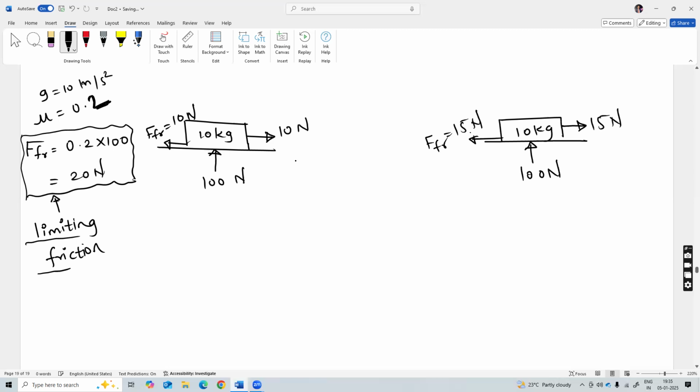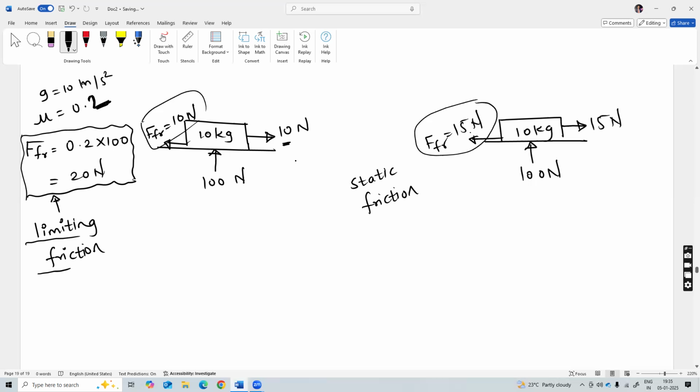This value of frictional force, in one case 10 Newton, in this case 15 Newton, is known as static friction. Because the object is not moving, still there is frictional force on the object because of the applied force. Since you have applied this 10 Newton force, there is friction of 10 Newton, but the object is not moving, and therefore it is known as static friction. It will start moving only when you cross the limiting frictional force value, that is 20 Newton.